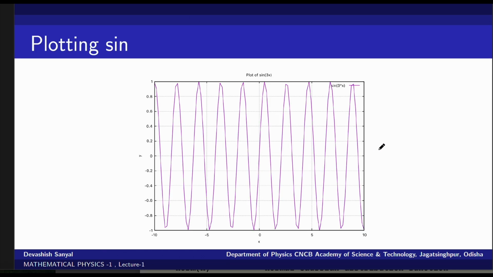Now we have drawn another function here: y is equal to sin 3x. It is very similar to the other sine function I have drawn.